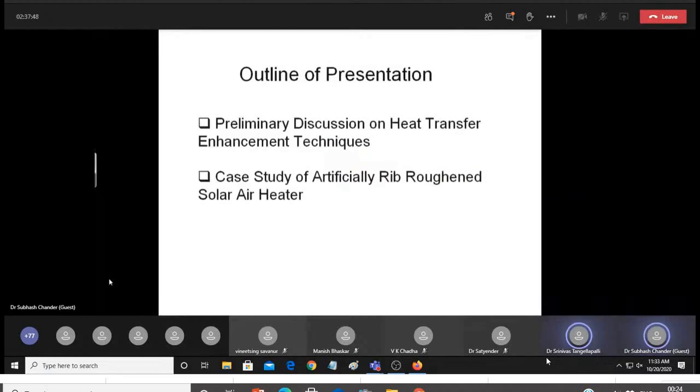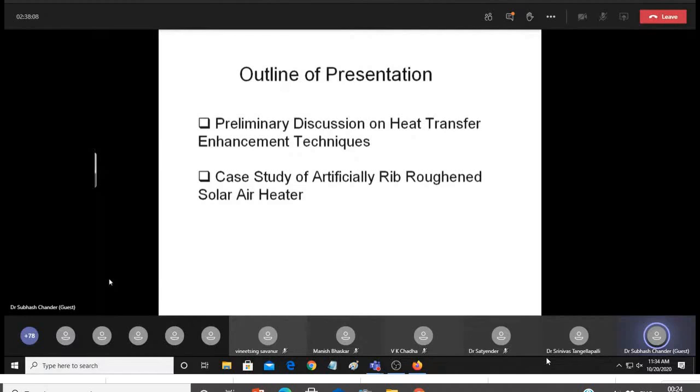The outline of the presentation is, first, a preliminary discussion on heat transfer enhancement techniques, and in the second part I will be discussing a case study of an artificially rib-roughened solar heater.